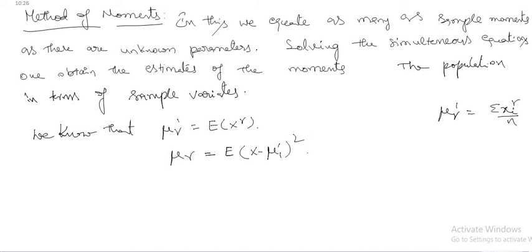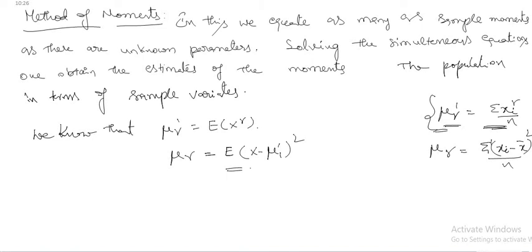Non-central moments, summation xi power r by n. What about central moments? Summation xi minus x bar whole square by n. That notation is for sample values, whereas this expectation is for theoretical.